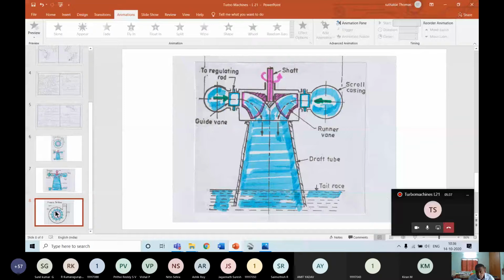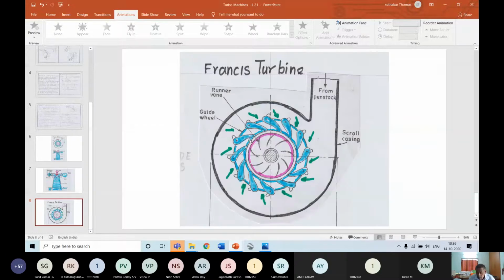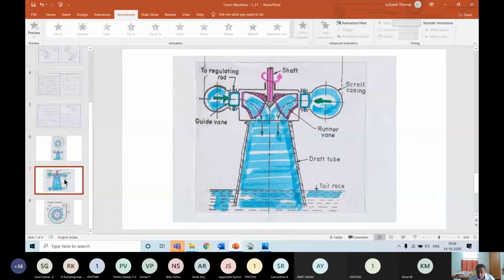Before the guide vanes will have the direction of the absolute velocity of water entering the runner. So we have to calculate that, and also we have to calculate the width of the impeller, this height, based on the mass flow rate, then the speed of rotation.